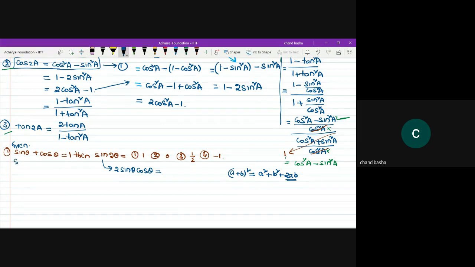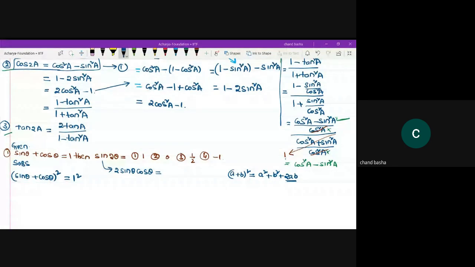Squaring on both sides, sin theta plus cos theta whole square is equal to 1 square.